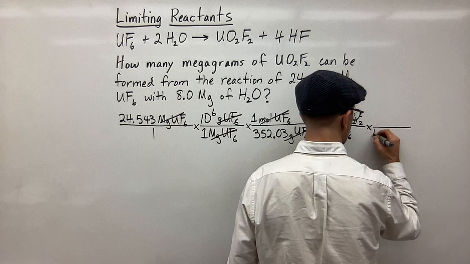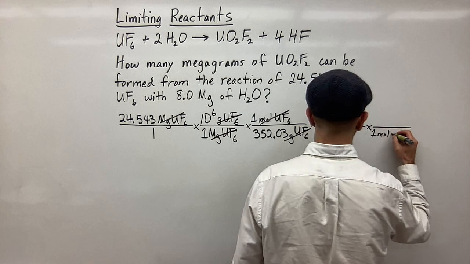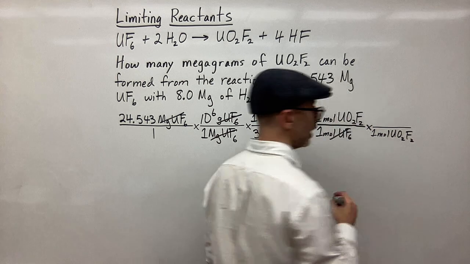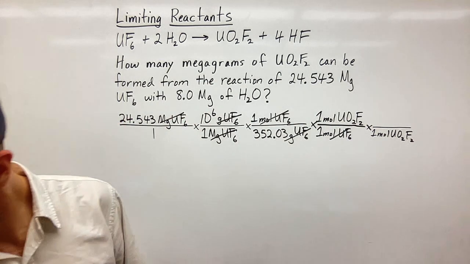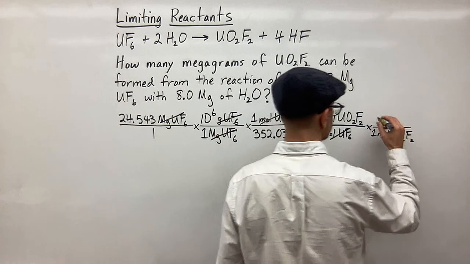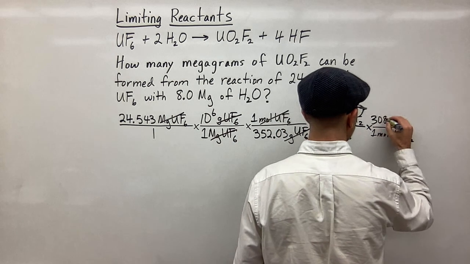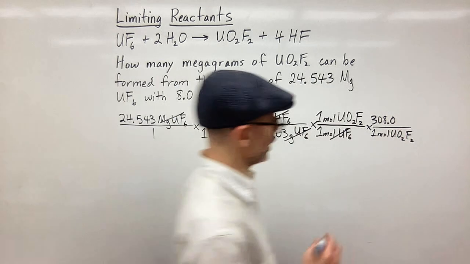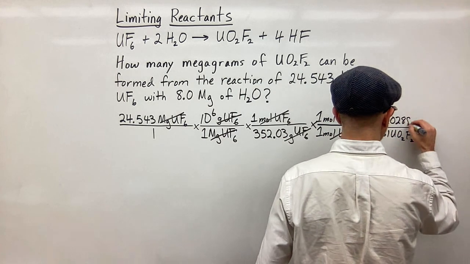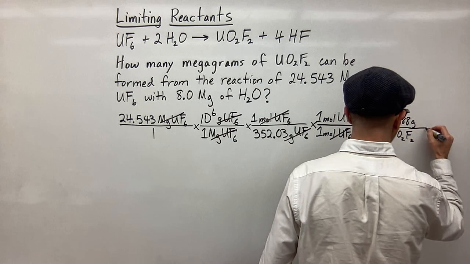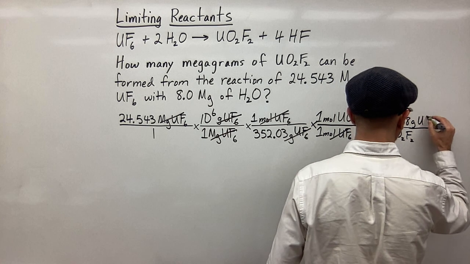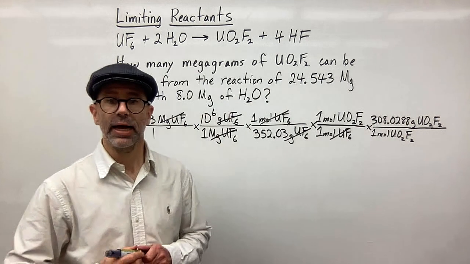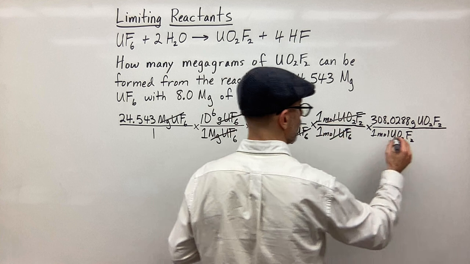So I'm going to put 1 mole of UO2F2 on the bottom, and again it's going to be 308.0288 grams of the same substance, UO2F2. This is going to cancel out. So moles of this substance cancel out.